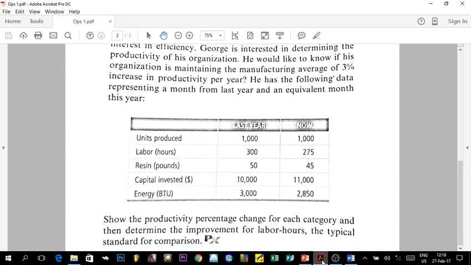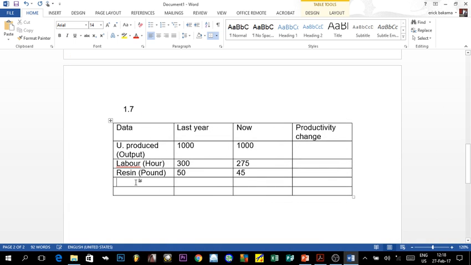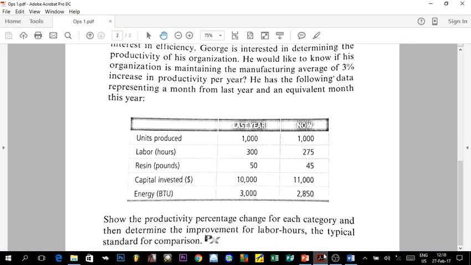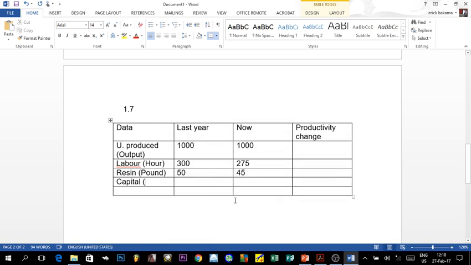And after that, we need to use the capital investment and the energy. So we have the capital that they use. The unit of the capital here, they are saying is in dollars, but because in South Africa they just use the rand. The value that they used last year was 10,000, and this year they used 11,000 as capital to start their business with.